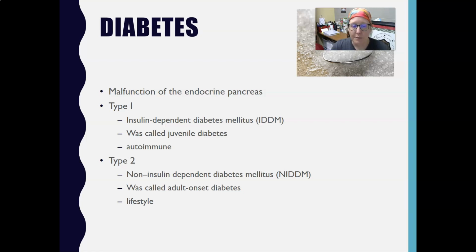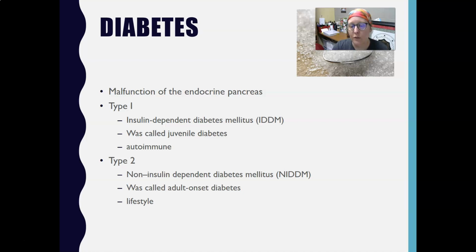All right, type 2 is called non-insulin dependent diabetes mellitus. Although once they've had type 2 for a long time and have severely damaged their pancreas, they can progress to needing insulin, but at the onset, they do not need insulin. It used to be called adult onset diabetes, and it is lifestyle related.